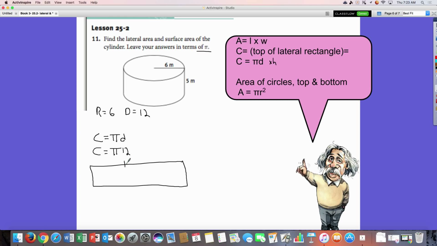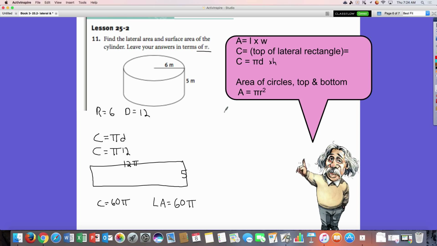This part is 12 pi. And they tell us what the height is, it's 5. So the area of that part is 5 times 12, 60 pi. That's the lateral area. That's the lateral part. Lateral meaning going sideways. The lateral area is 60 pi.